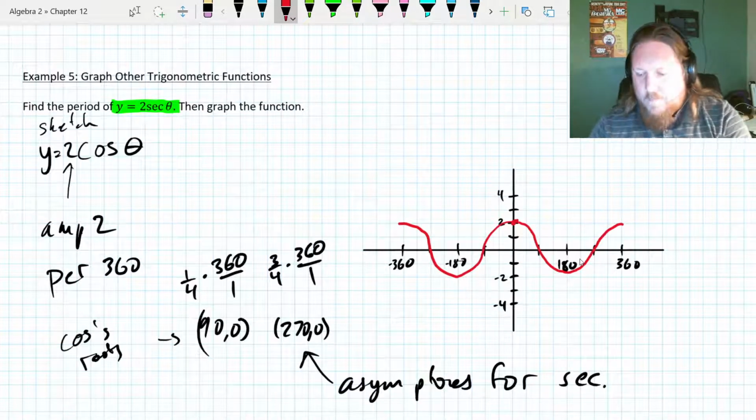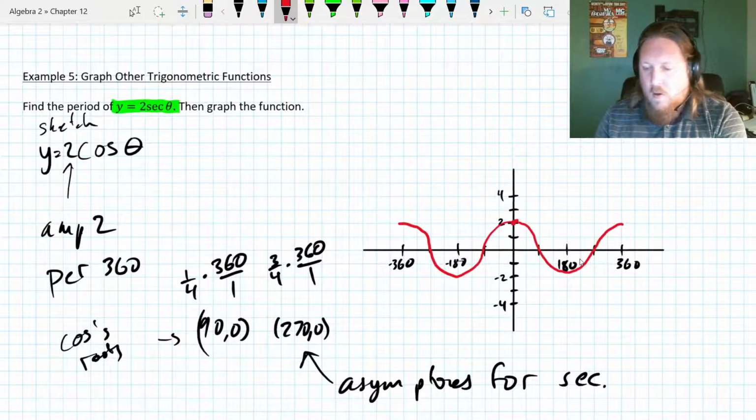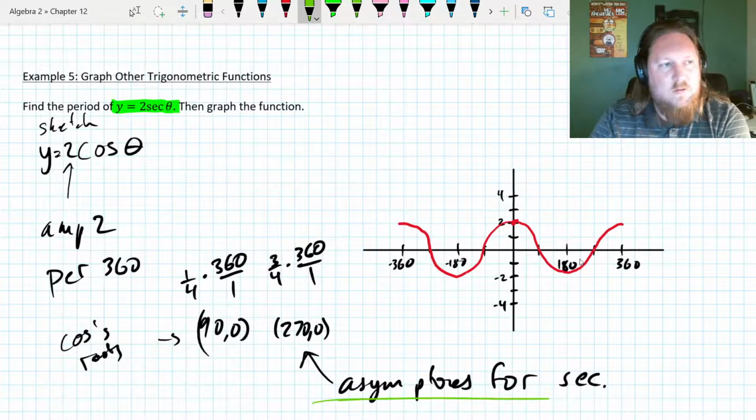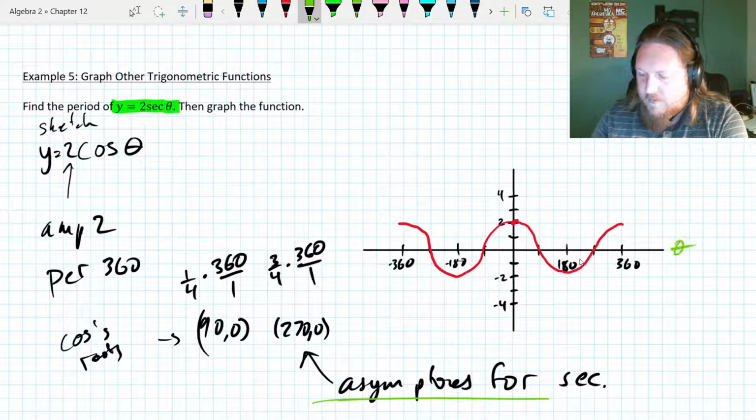So now, with that sketched out, I'll do it in green here, draw your asymptotes. Wherever you see that thing cross that theta axis, you've got to put a vertical line in.